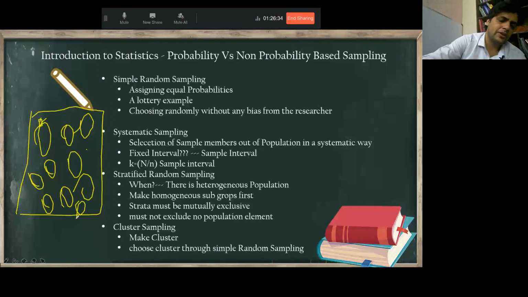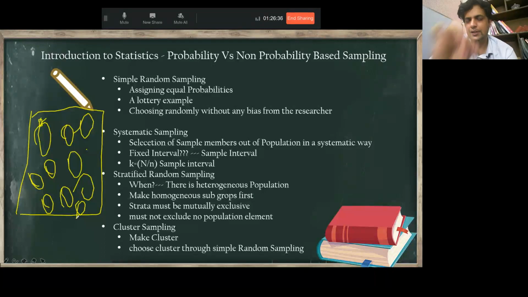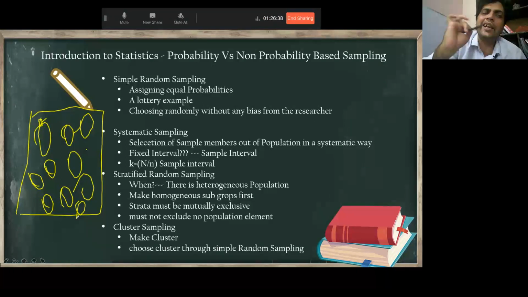Then I assign a number to each cluster. Before, in simple random sampling, I was assigning the numbers to each student. Now I'm assigning the number to each cluster, and I choose the same way as I used to choose in simple random sampling. That's cluster sampling, right?